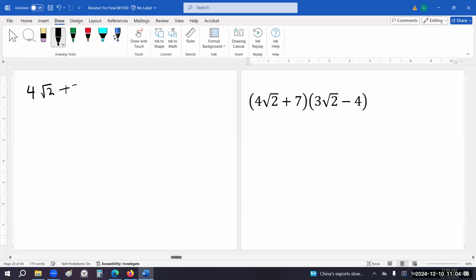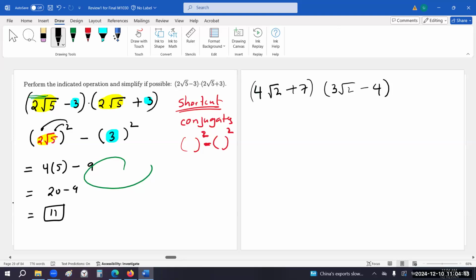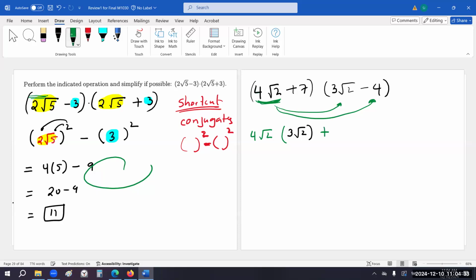4 root 2 plus 7, 3 root 2 minus 4. So we take the first one and we multiply each one here. 4 root 2 times 3 root 2. And then we have plus 4 root 2 times negative 4.